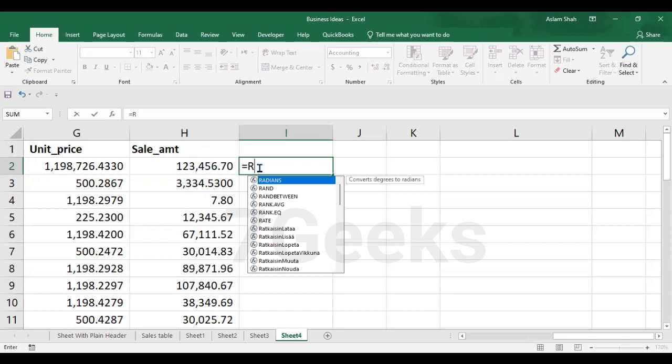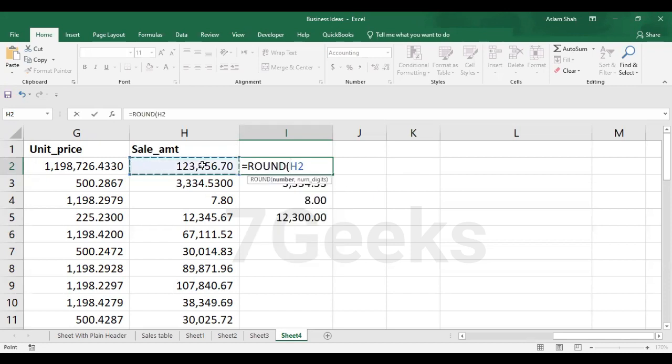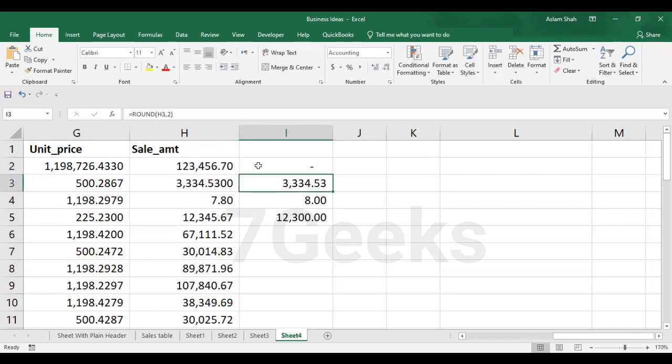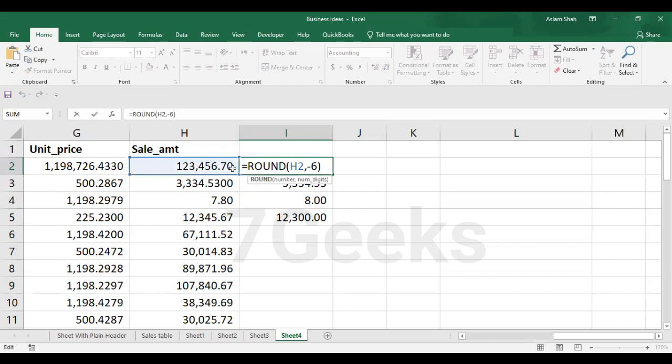So round this value to 6 or to millions. So it means that the value is not already in millions. I would just put another value here. So you see that it converted 1.2345670 million to exactly 1 million.